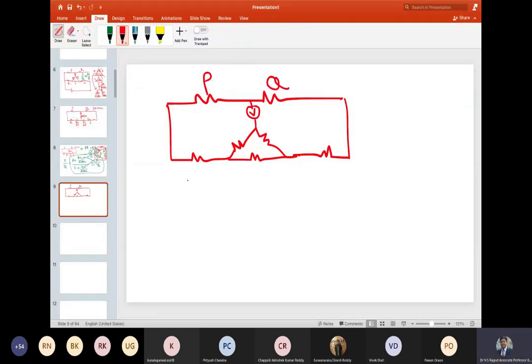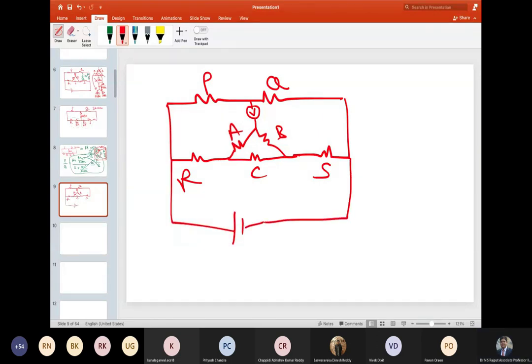P, Q, R, S, A, B, C, right? And then this is connected like this. So let us check where we would find some significant contact resistance on this side. This is the contact resistance. This is the contact resistance. This is the contact resistance. This is the contact resistance, right?